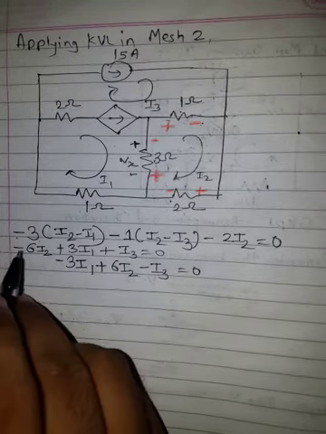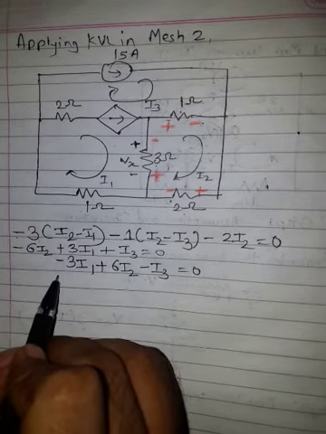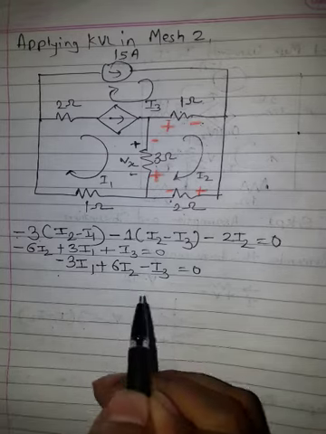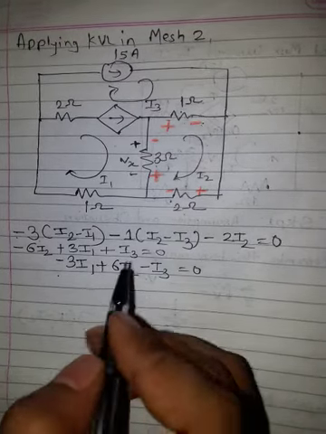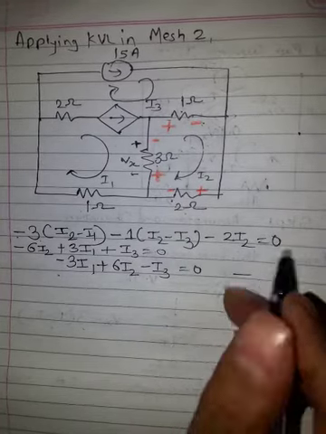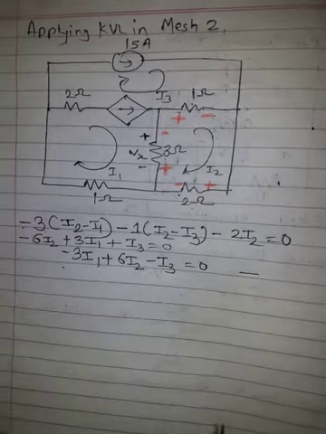If we shift all these terms to the other side, we will get minus 3 I1 plus 6 I2 minus I3 equal to 0. And this is equation number 4.